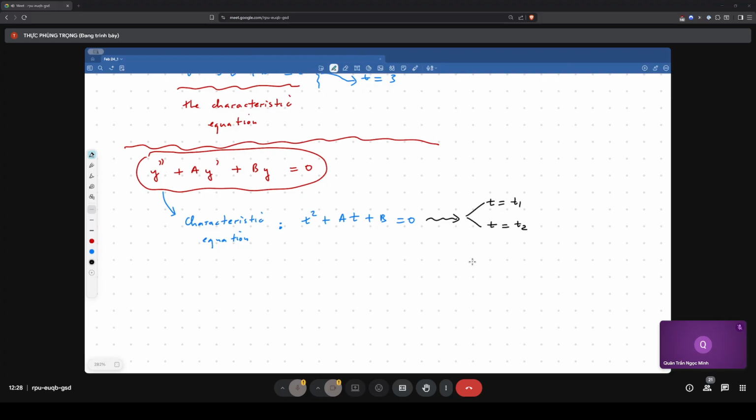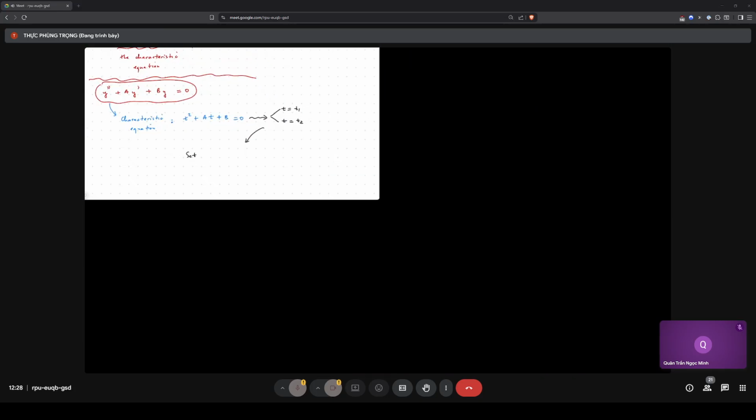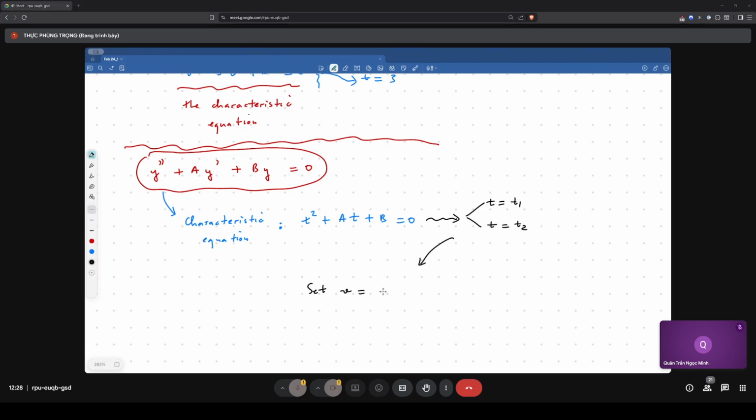And then after this, similar to the example right here, you set v e to the power minus t1 as y. If you do this, now right here you have t1 and t2.